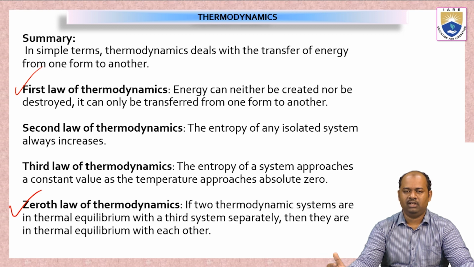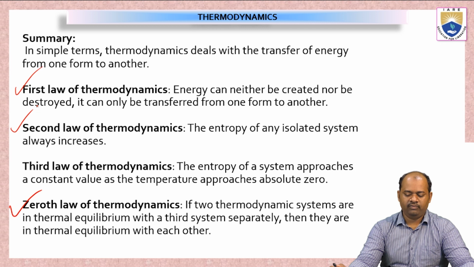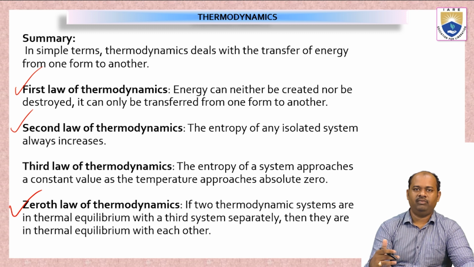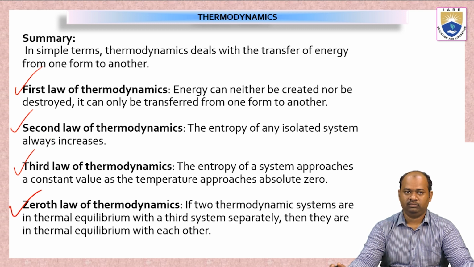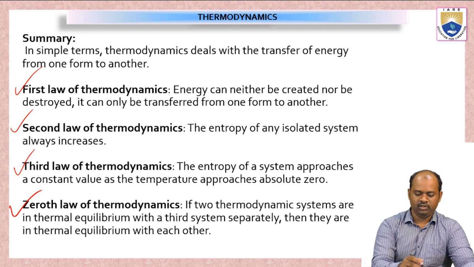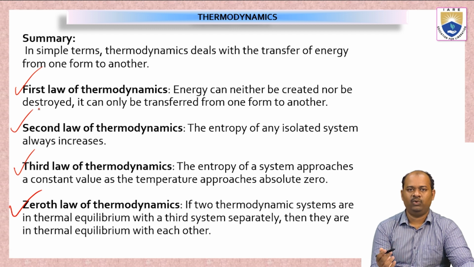This is the law of conservation of energy. Then the second law: the entropy of an isolated system always increases. And the third law: the entropy of a system approaches a constant value as the temperature approaches absolute zero. So these are the four different laws of thermodynamics which are of key importance in the study of thermodynamics.